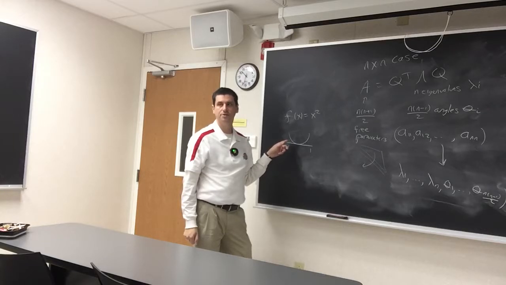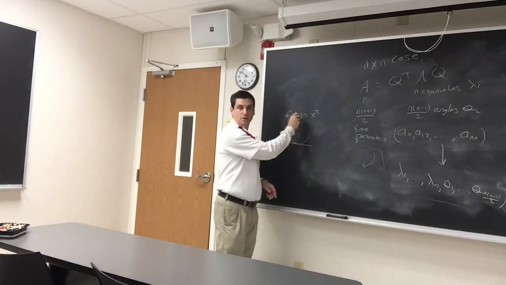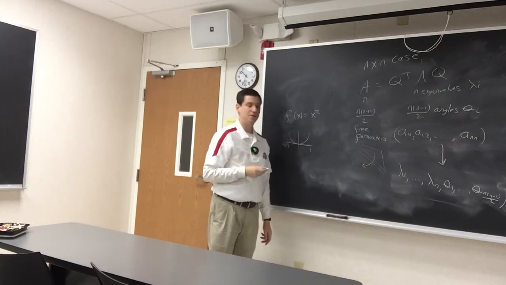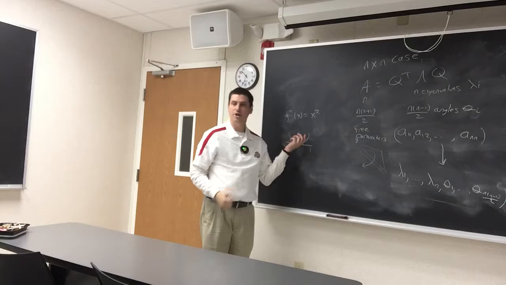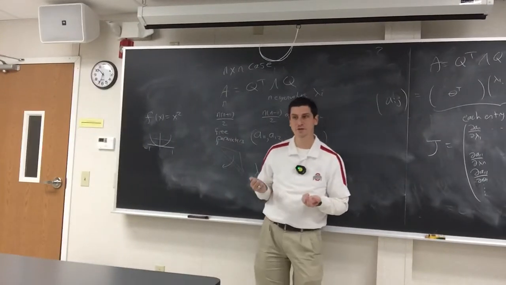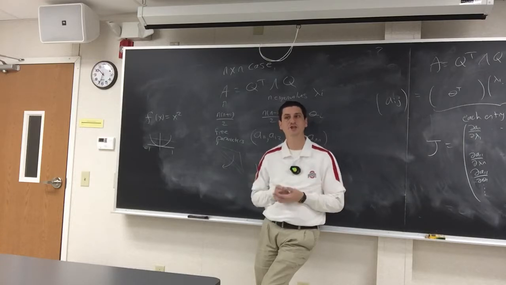Why can't I? You give me an x, and I can clearly tell you what y is. If I give you a y, do you know what x is? It's not. The change of variables is not uniquely determined. We need to have our change of variables uniquely determined. We don't want a degeneracy.